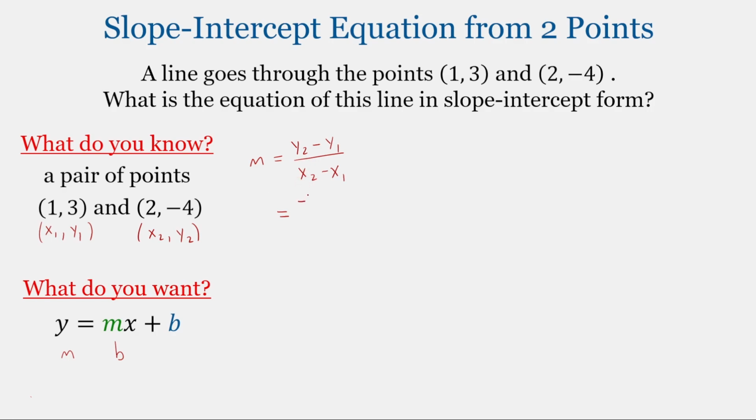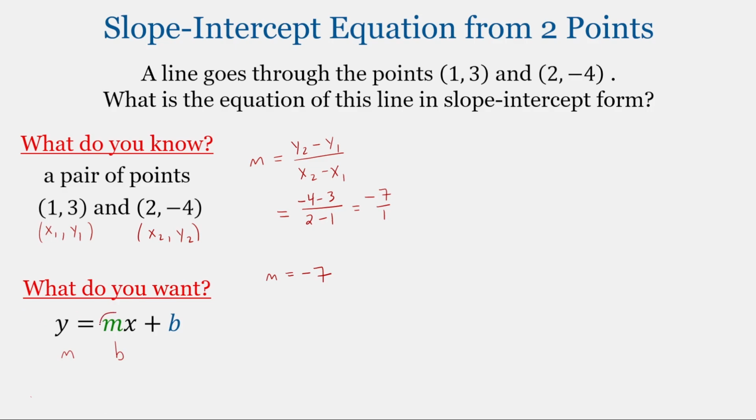So now we have -4 minus 3 all over 2 minus 1. This is going to give us -7 over 1. So the slope value, m, is equal to -7.